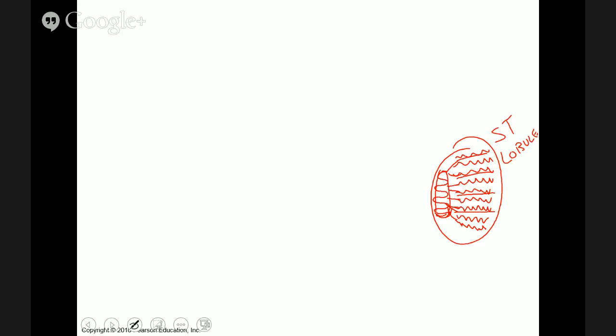Yeah, the rete testis, right. The rete testis then will lead to what? The efferent ductules, yep. And then the efferent ductules are going to lead to what? The tail of the epididymis, right.